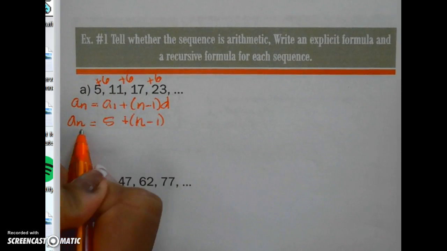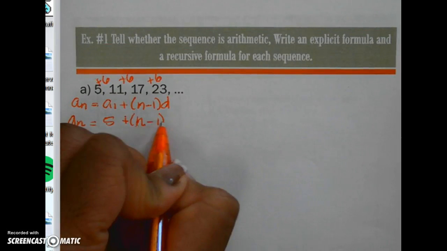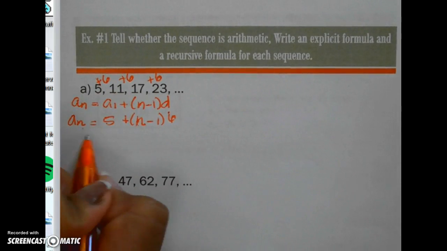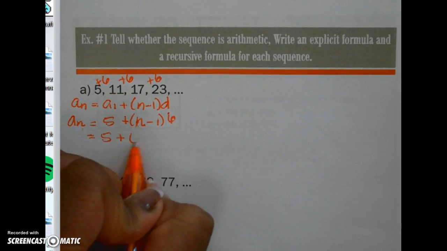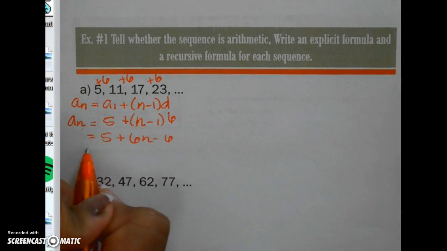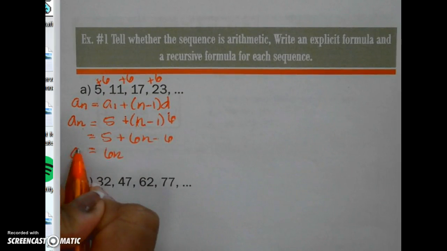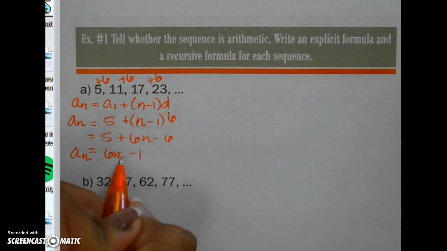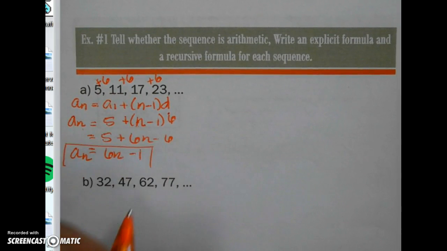I'm keeping this in n because I want the generic version. Times d, my common difference. What's my common difference? 6. So then if you distribute and then combine like terms, you'll find that a sub n is equal to 6n minus 1. That's explicit.